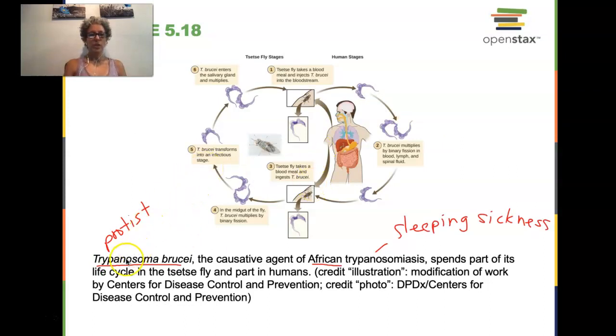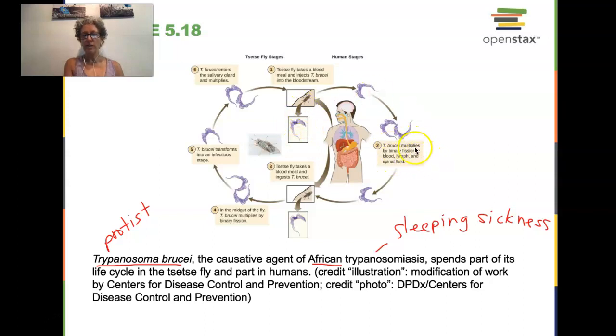This protist is Trypanosoma brucei that causes African sleeping sickness, or trypanosomiasis. It requires the tsetse fly as part of its life cycle. So the tsetse fly ingests blood from an animal or human, and that would include this protist.